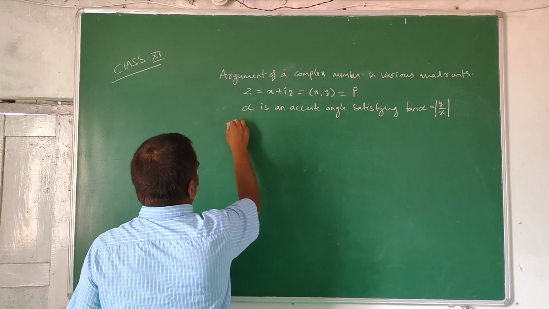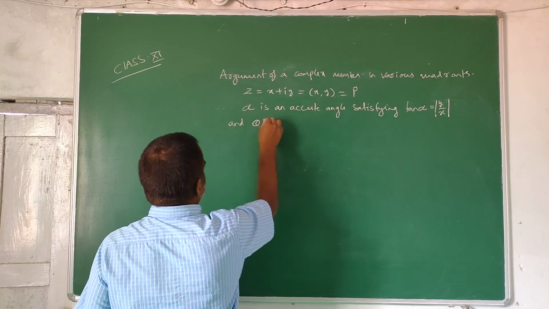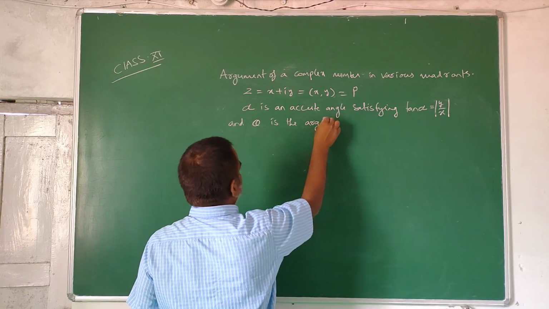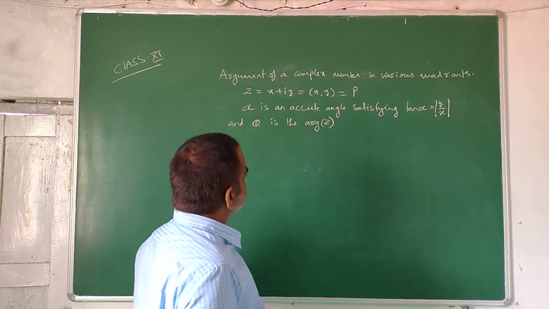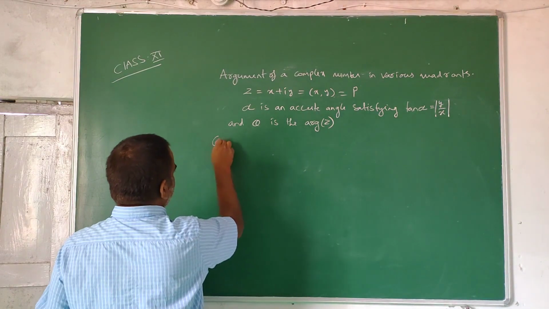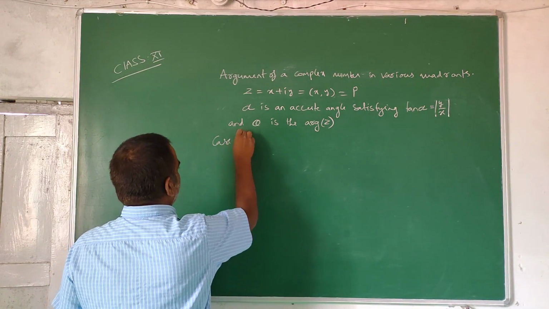And theta is the argument of complex number z. Right. Now let us consider 4 cases, because there are 4 quadrants.